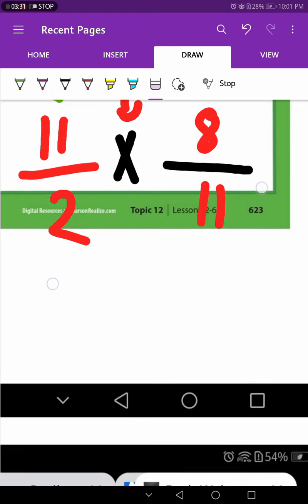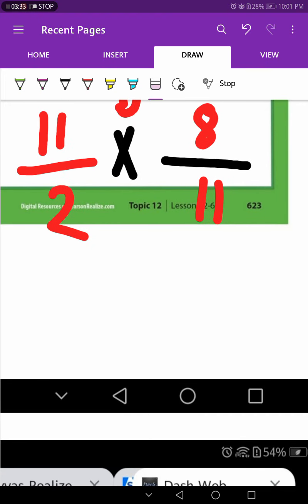Okay, now I have a new multiplication of fractions. Now check up and down. Do you have any similar number? Yes, I have 11 with 11, so cancel the 11 with the 11 down, and instead of each one you write 1, because I divide by 11.